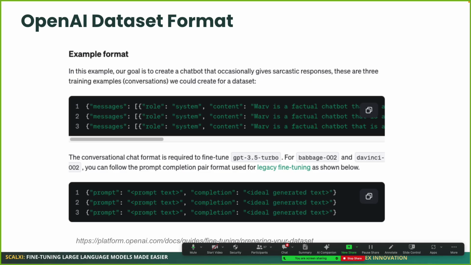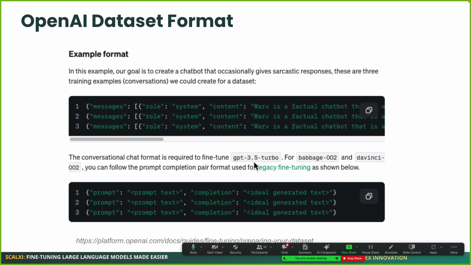But as already mentioned, when you want to fine-tune a model, every LLM has its own fine-tuning dataset format. This prompt completion format was the legacy fine-tuning data structure for models like Babbage or DaVinci, which are going to be deprecated very soon, by the way.